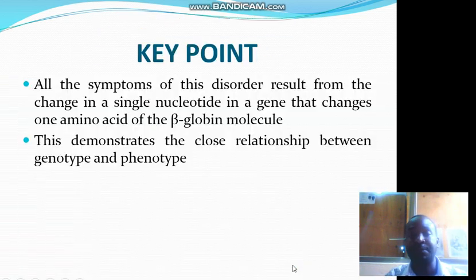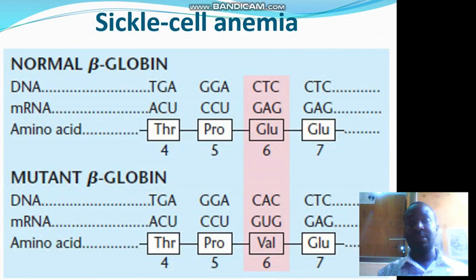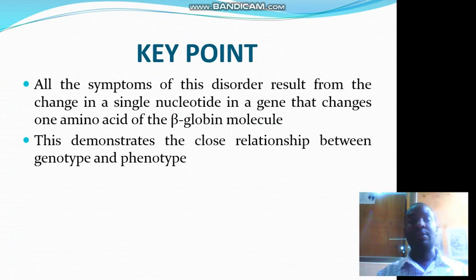Now, the symptoms of this disorder, called sickle cell anemia, actually result from that change in the normal nucleotide sequence within this gene that we have been seeing here. The normal sequence, which is supposed to be CTC, but has been changed to what? To CAC as a result of a mutation. And that dictates that the resulting protein will have a distorted amino acid sequence.